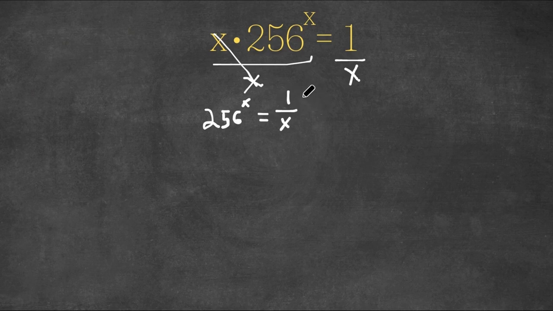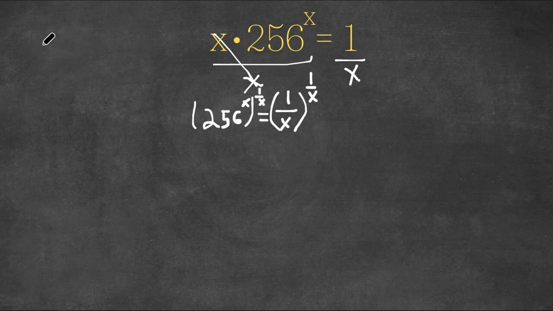Now what we're going to do is we're going to power both sides to the 1 over x. So we're going to do 1 over x to the power of 1 over x, and 256 to the power of x to the power of 1 over x.